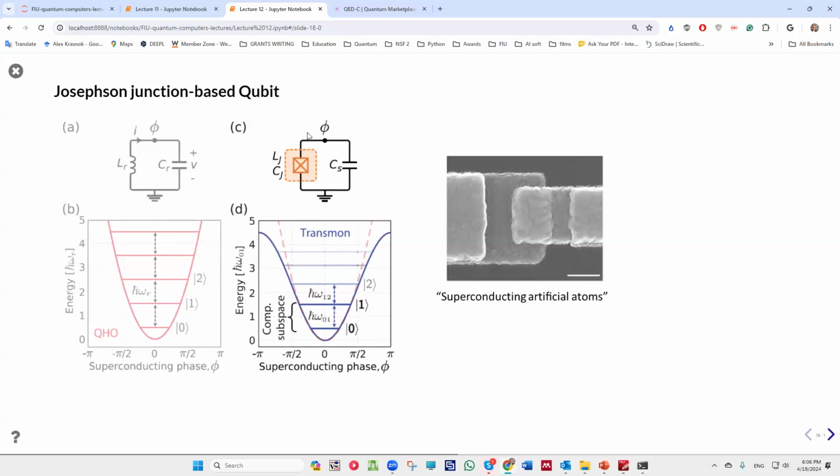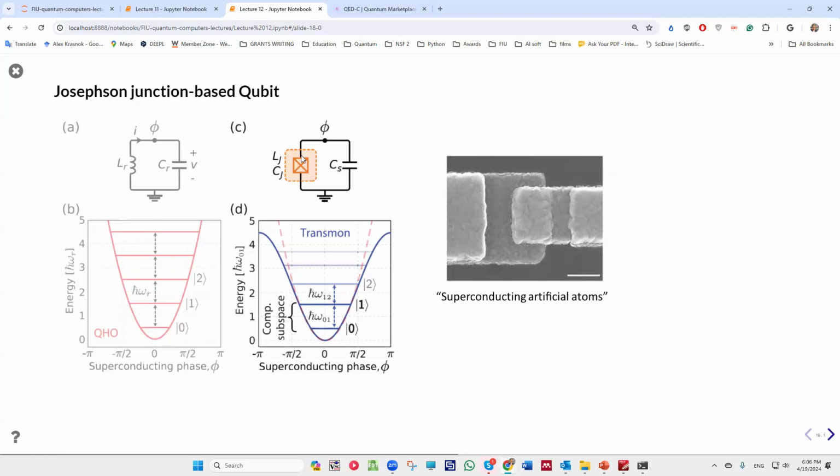So we put this Josephson junction into our circuit. Okay, as I said, it behaves as an inductor, so we can even solder out the inductor and use the Josephson junction instead. So this is the conventional LC resonator, with the energy spectrum, as we said, being an equidistant energy ladder.